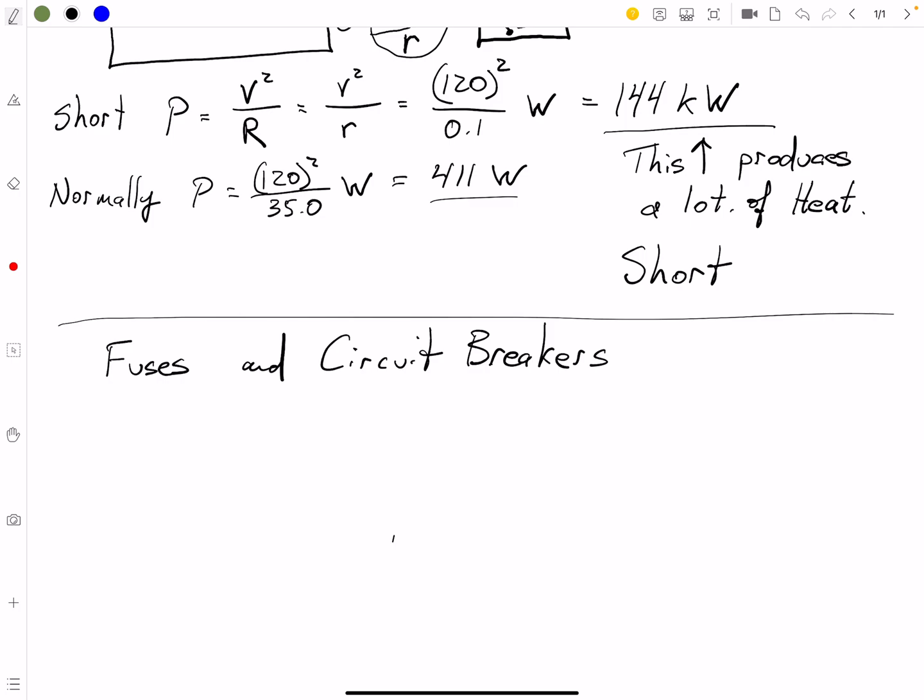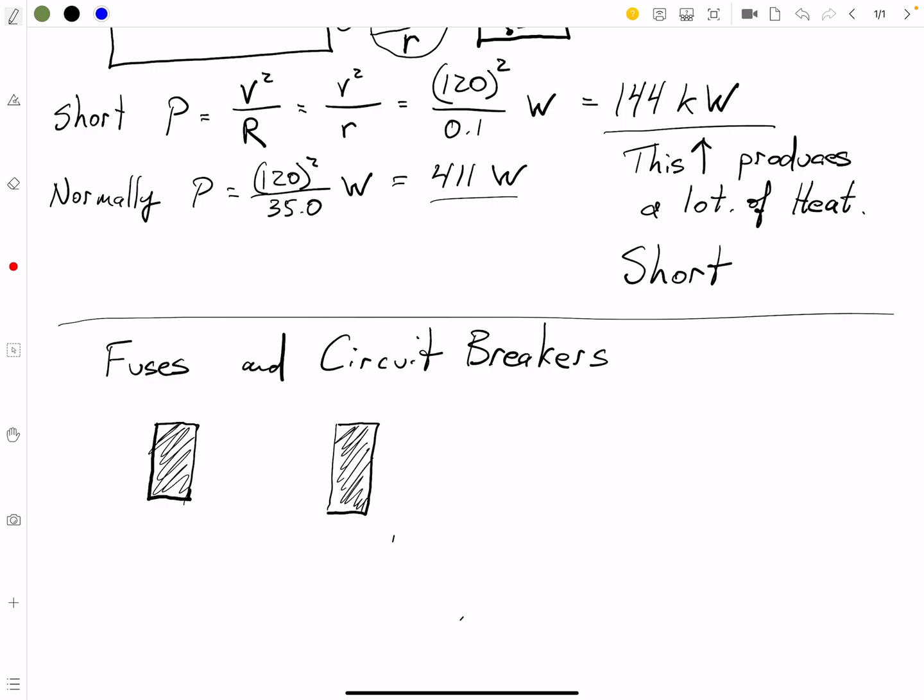A fuse, I'm going to draw a fuse for you guys. So here's one end of the fuse. It's metal. We've got another end of the fuse over here, and it's metal.